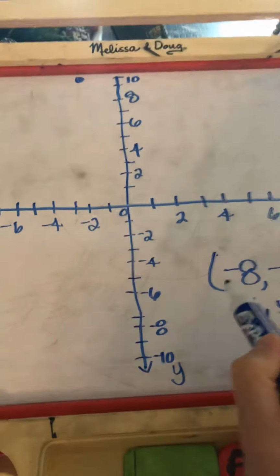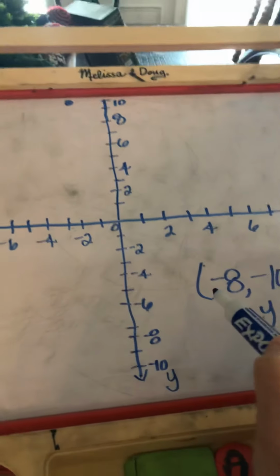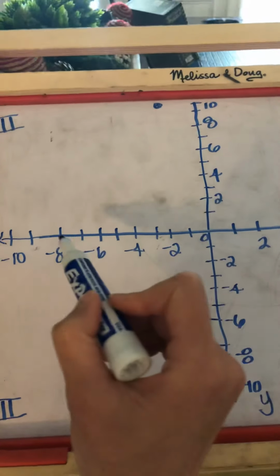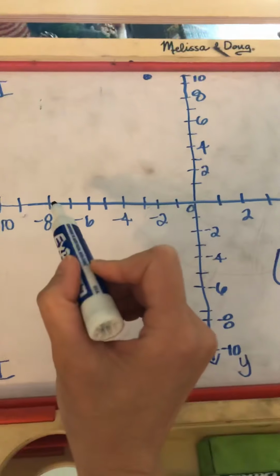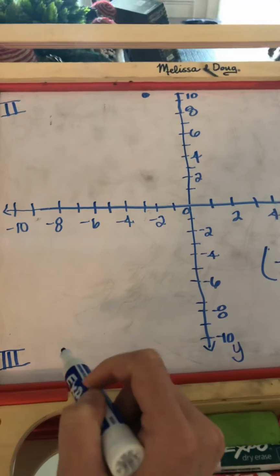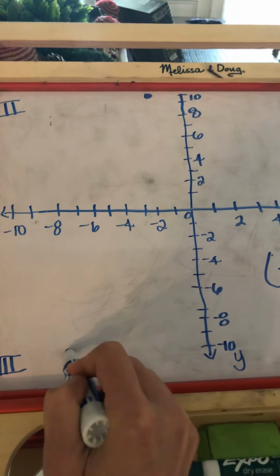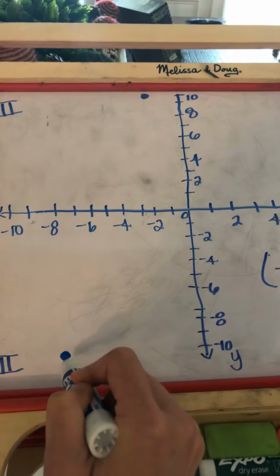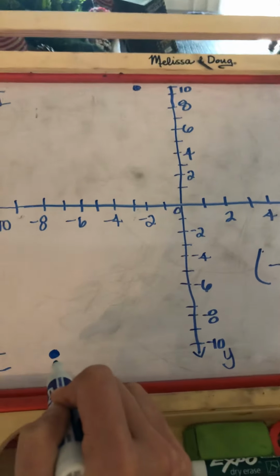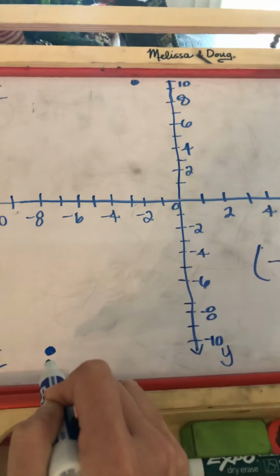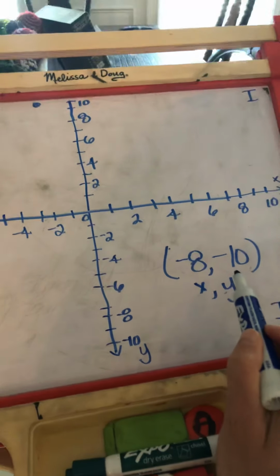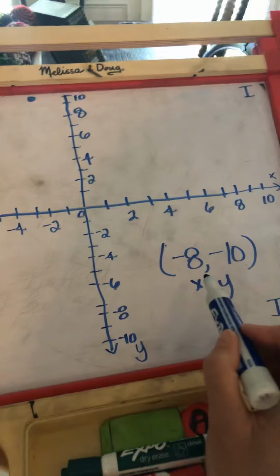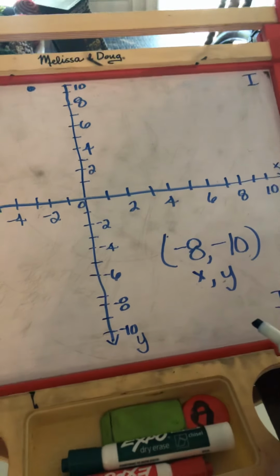I'm going to be moving left because it is a -8, so I'm moving to the -8, and then my y value is -10, so I'm moving down 10. So this point right here would be -8, -10 on my coordinate grid. Okay, and that's all you're doing in IXL. It's going to give you an ordered pair that looks like this. You just have to put the points where the ordered pairs are.